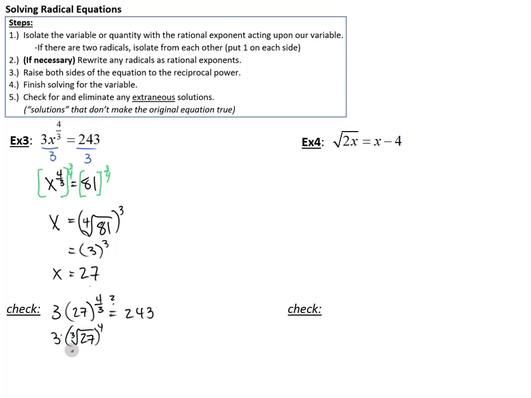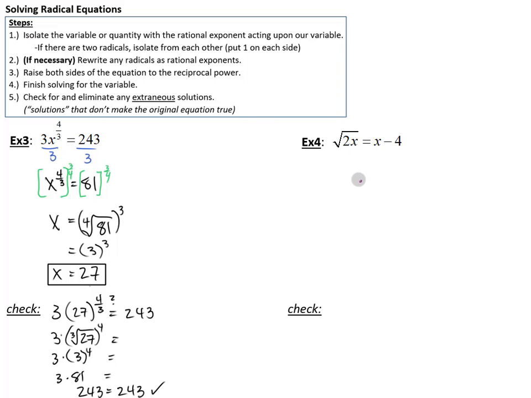So the cubed root of 27 is 3. 3 to the 4th power is 81. And 3 times 81 is 243. It does work out. Could even check that without a calculator. Maybe some of those calculations would be easier with, but 27 is a correct and valid solution.